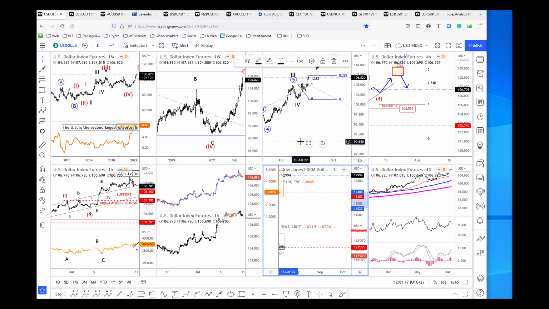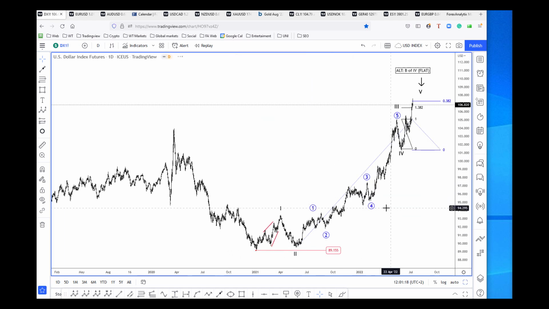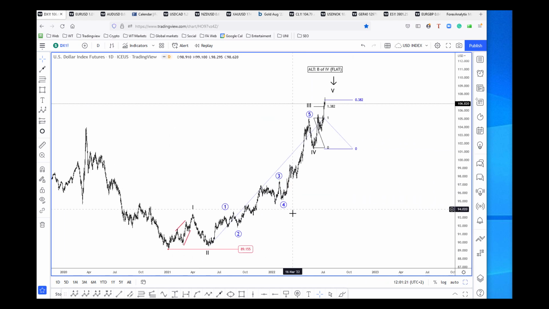So let's take a look now at the US dollar index futures. What we see here is a very nice 5-wave recovery away from the 2021 lows. You can see that I'm already tracking wave 5, moving into the first potential resistance at the 38.2% projection of wave 3.